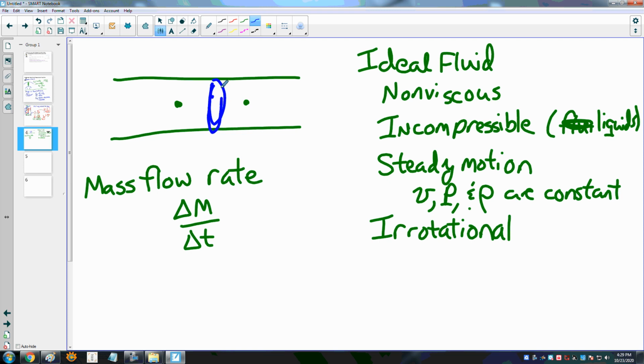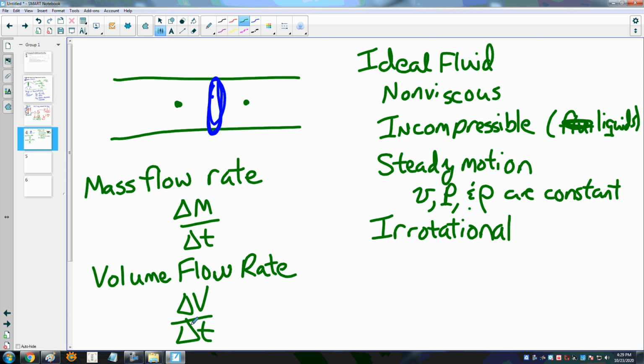So if I imagine a cross section of this pipe, what mass passes that point in a given amount of time? And then the other flow rate is a volume flow rate. We'll talk about the volume flow rate in the class, and you'll have to calculate both of these in the lab. The volume flow rate is a measure of delta V, or the volume, as a function of time.